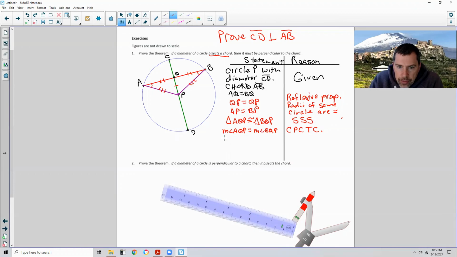Now we can say angle AQP and angle BQP are right angles.